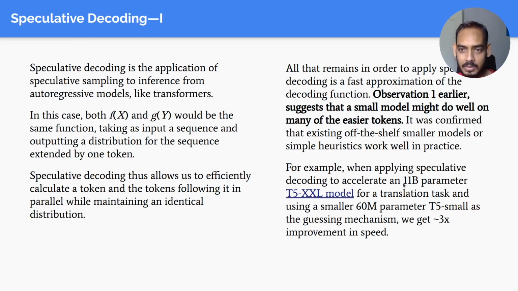There is this larger model of 11 billion parameters which will generate the tokens, but for the easier tokens you use the smaller 60 million parameter T5-small model, which will generate them for you. This results in reduced time for inference overall. We get a 3x improvement in speed for the translation task when using the smaller 60 million parameter T5-small model.